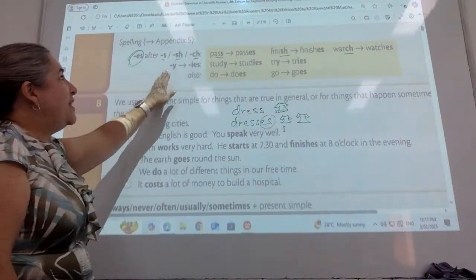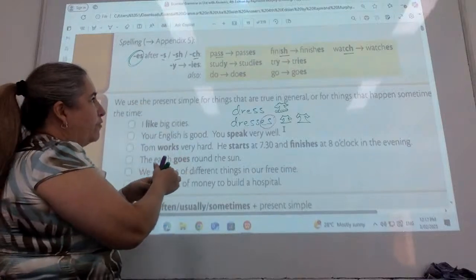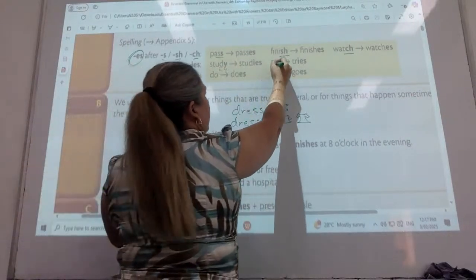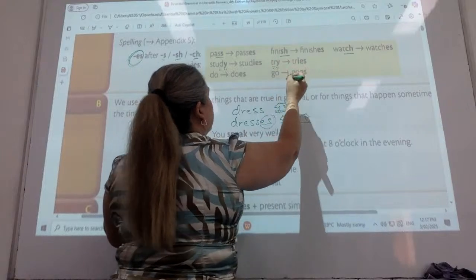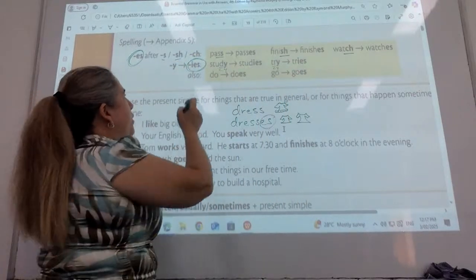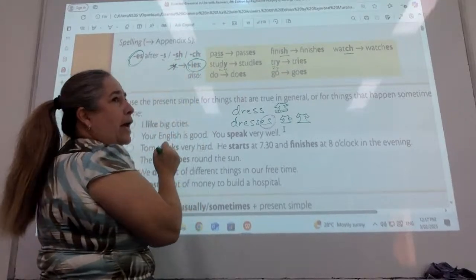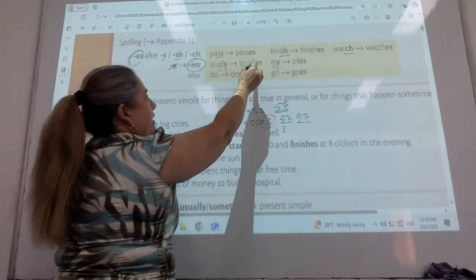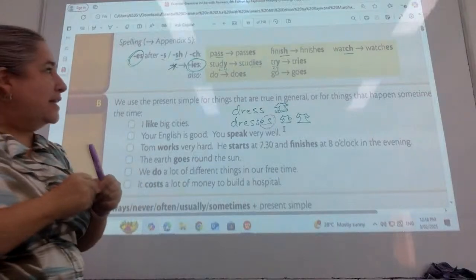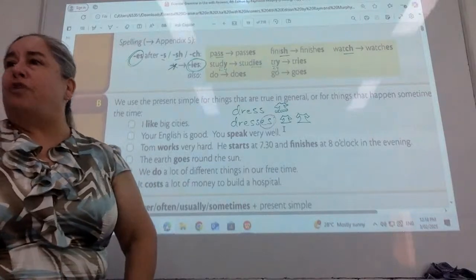Okay? This one says, if I have, for example, a consonant and a Y, I'm going to drop the Y and add IES, correct? So we have study, studies, try, tries.